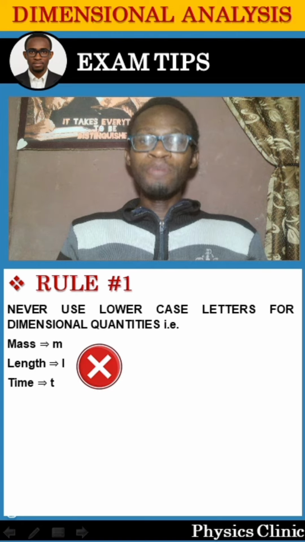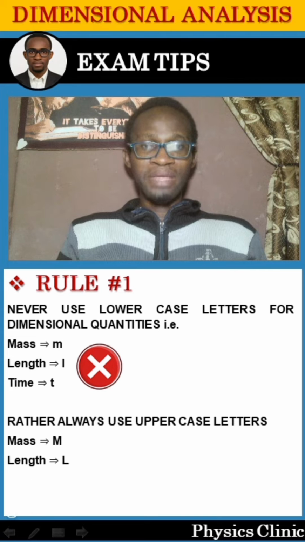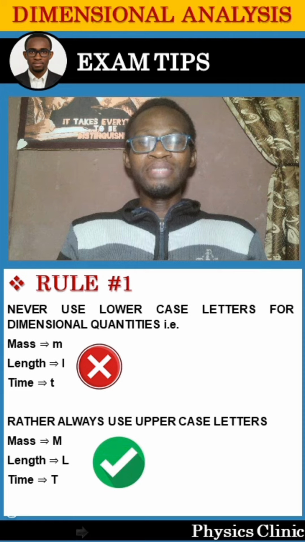By the time you are preparing for questions in dimensional analysis, make sure you don't make this mistake. The right thing to do, rather, is to use uppercase letters: capital letter M for mass, capital letter L for length, and capital letter T for what? Time. This is actually the correct one to do. So remember the first rule.